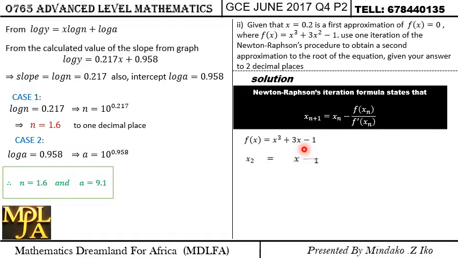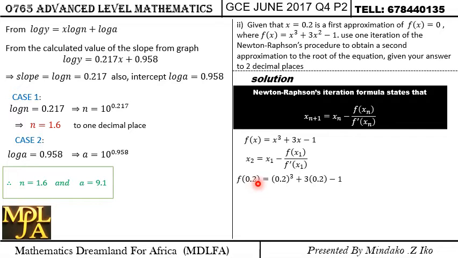So firstly, we use one iteration of the Newton-Raphson procedure to obtain a second approximation to the root of the equation. It means we are obtaining x2. So our x2 will be equal to x1 minus f of x1 divided by f prime of x1. Now I'm doing my f of x1.